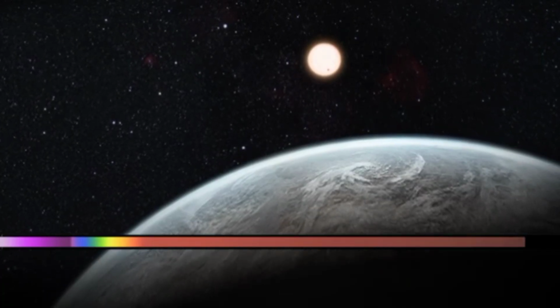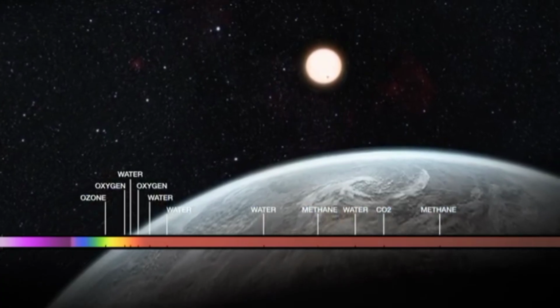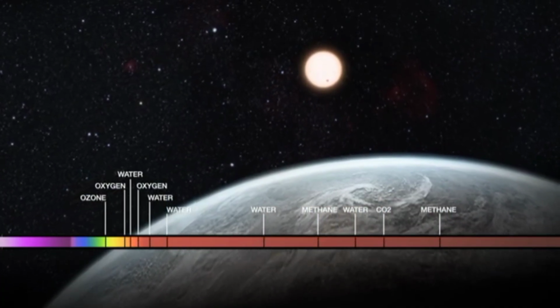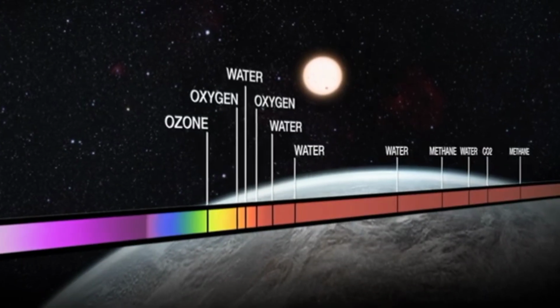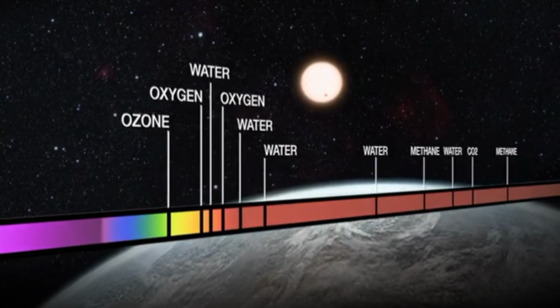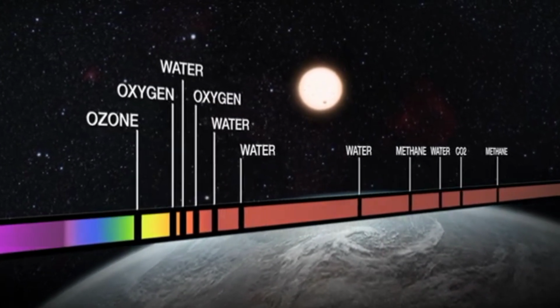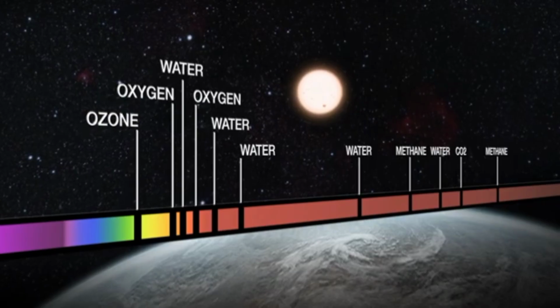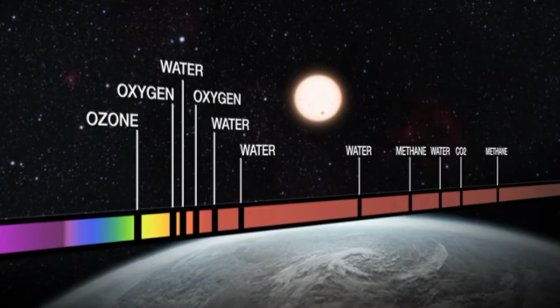Each chemical element in the atmosphere of an exoplanet blocks light from the star at specific wavelengths, creating absorption lines in the spectrum of the star. This is how astronomers can identify the presence of specific atoms and molecules, some of those being key prerequisites for life, such as methane, water, oxygen, ozone, and others.